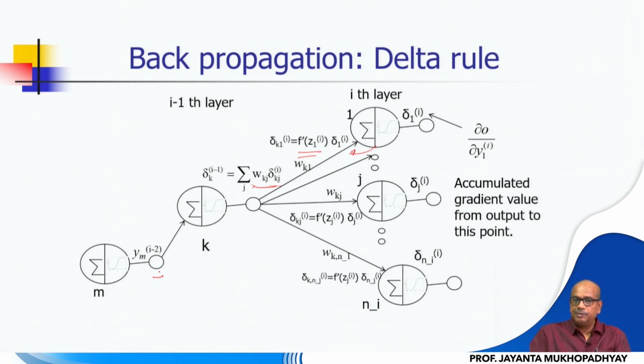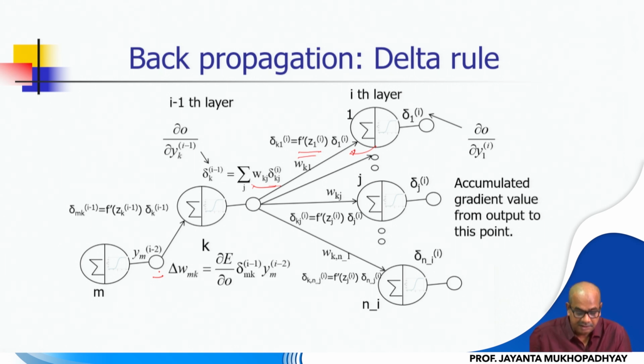Because when you are computing the derivative for weights, you are simply multiplying with the input value. You see that delta mk, this is the weight, it is multiplied with this value. Actually, this is not required because it is accumulated. You just multiply with this. So this would give you the respective value.